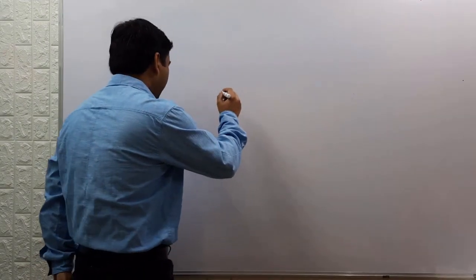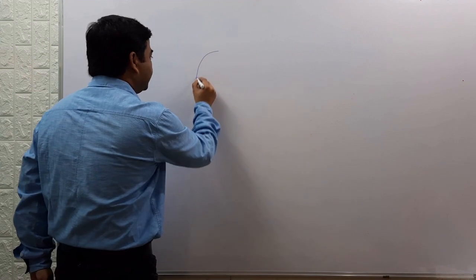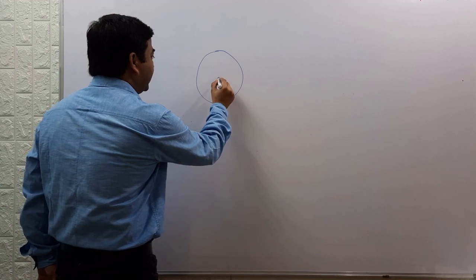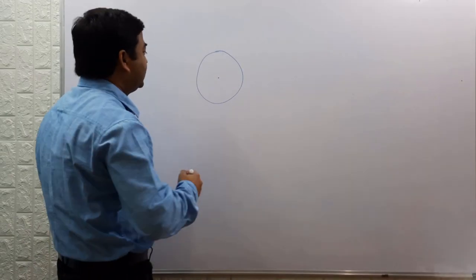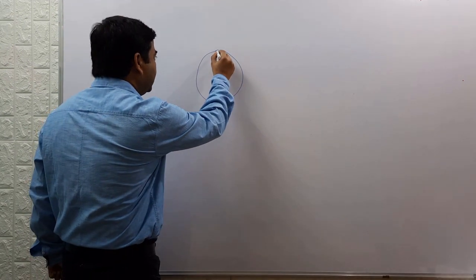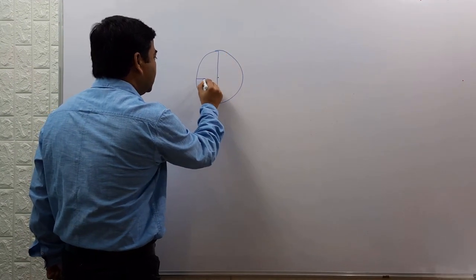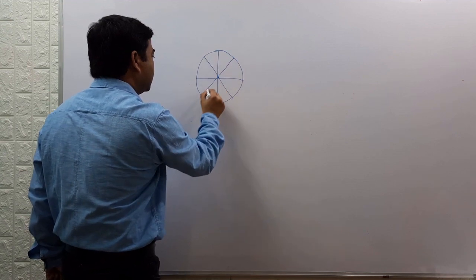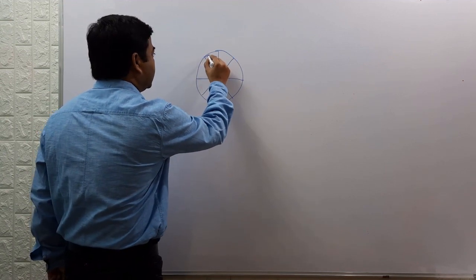Let's suppose this is a circle. To find the area of this circle, the method of exhaustion says to divide this circle into small areas, suppose like this.